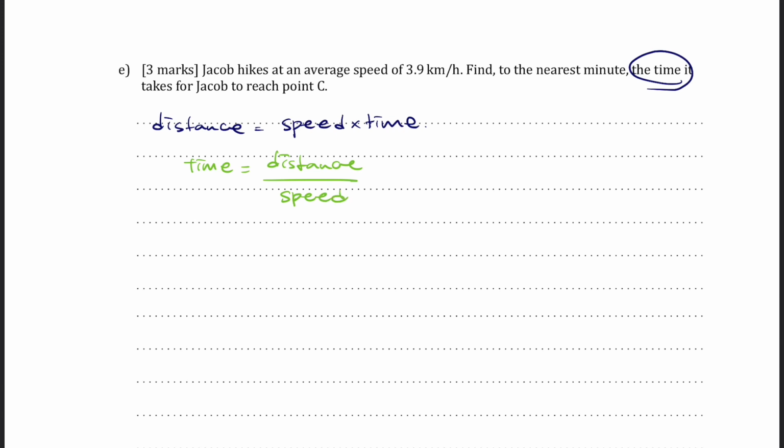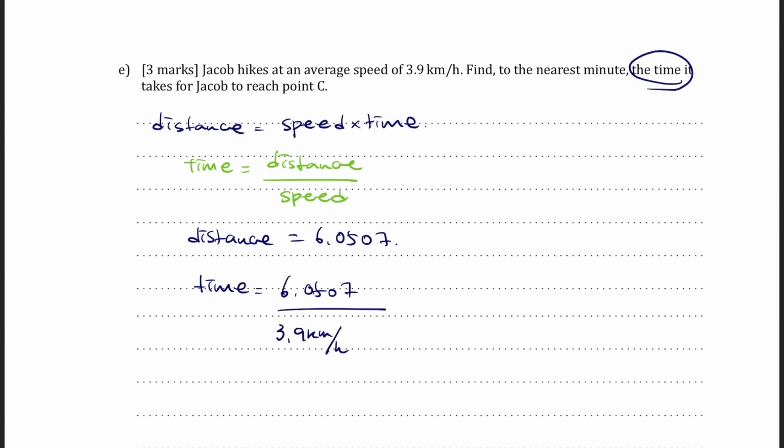Also, from question B, we know that the distance from A to C is equal to 6.0507. That means the time that Jacob needs to take is 6.0507 over the speed, 3.9 kilometers per hour.